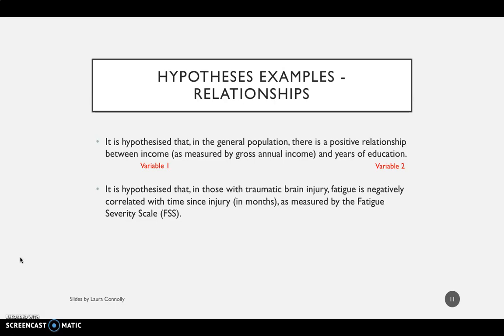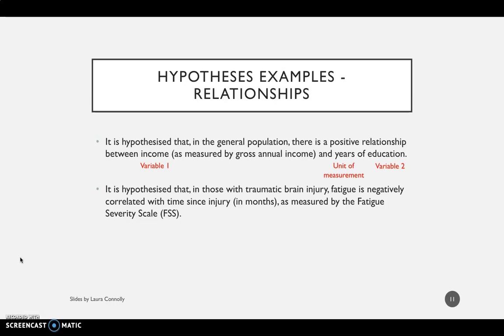Now, this isn't enough information for us to understand the tools or outcomes that we're using to measure these. So we need to specify the units of measurement and operationalize these a little further. So for education, we've got our unit of measurement, which is in years. So we're not measuring, for example, months of education. That would be quite strange, but it's possible.